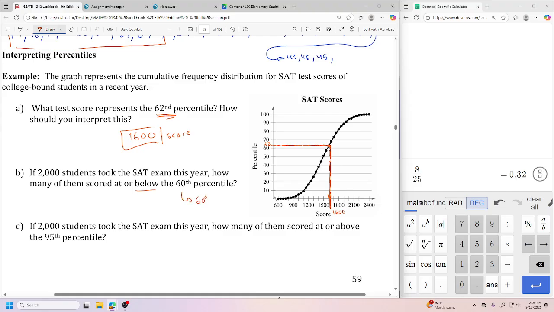So in a way, this is super easy math. We got 2,000, 60% of them. What do I do with those two numbers? How do I mix them together? We multiply. 2,000 times 60%, which is 0.6, and we're done. That's all they're wanting here.